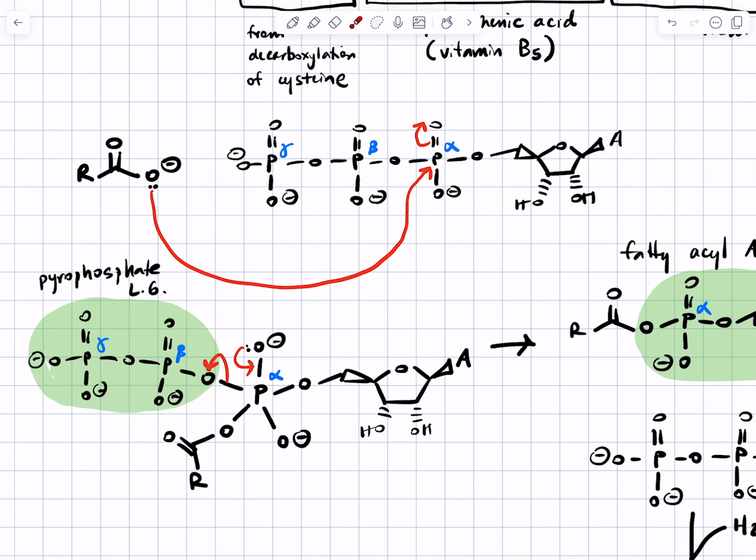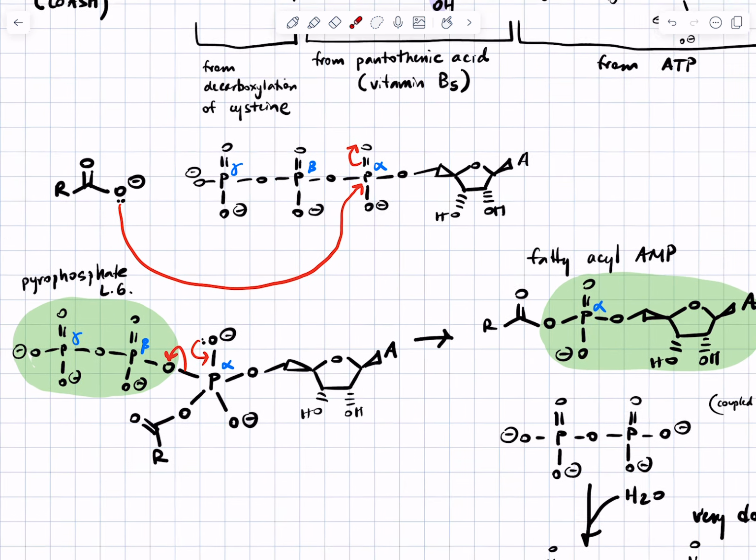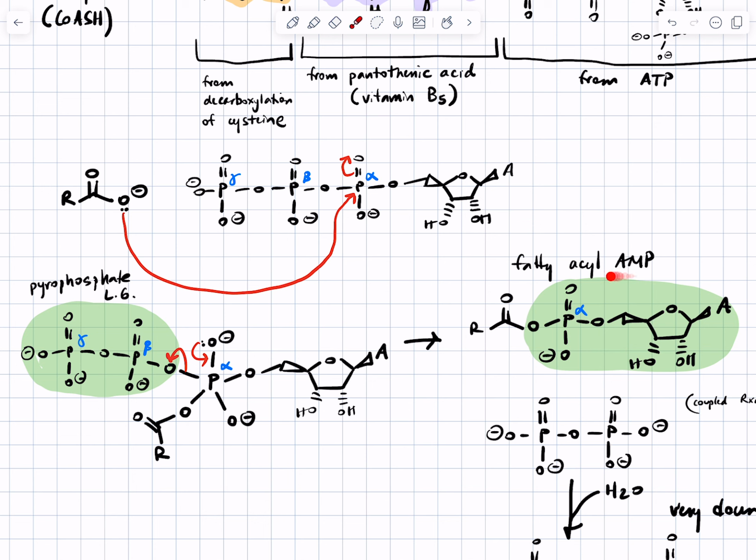Here's the pentavalent intermediate where phosphorus is bonded to 5 things. It's kind of carbonyl-like chemistry. Nucleophile attacks phosphorus, electrons kick up. Then once you have this intermediate, they kick back down and the pyrophosphate leaving group leaves. And that generates an intermediate called a fatty acyl AMP.